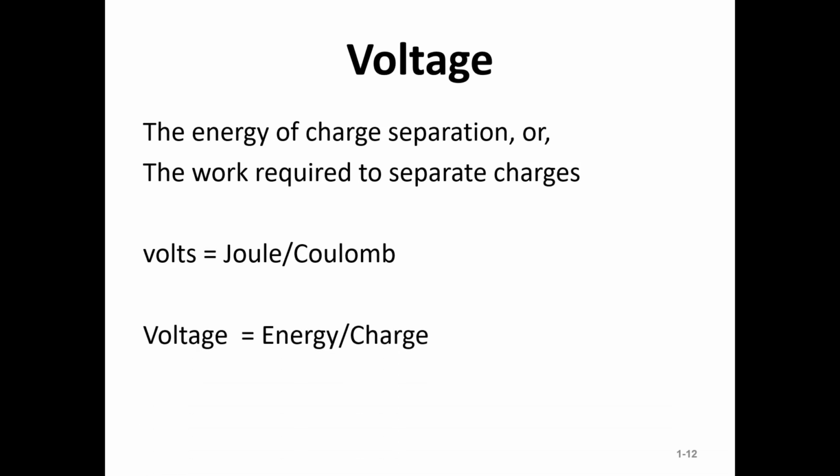The quantity is voltage, and it's a derived quantity consisting of energy divided by charge. So what I'm saying here is there's a difference between the quantity and the unit. Let's take another example, money.